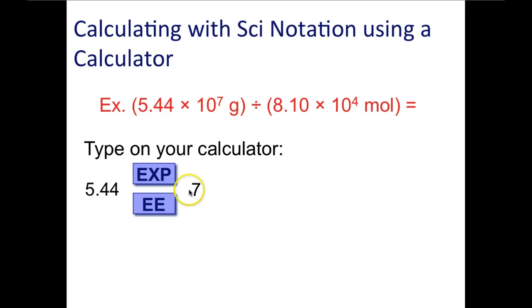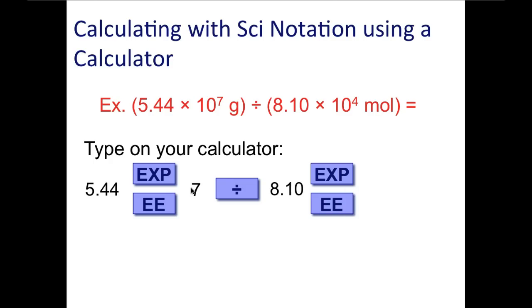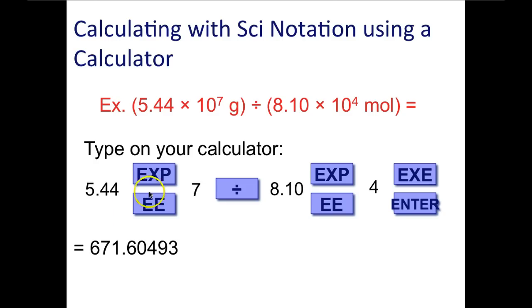You have to tell it the power. Divided by 8.10 EXP or EE to the 4th. And when you do that, you hit enter and you should get 671.60493.